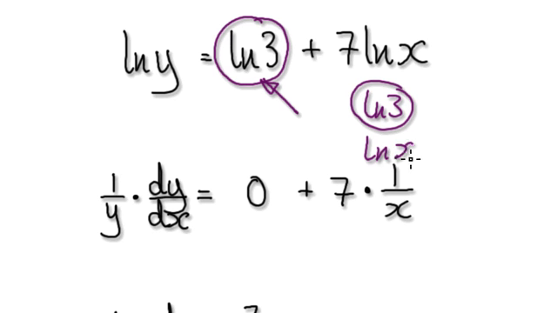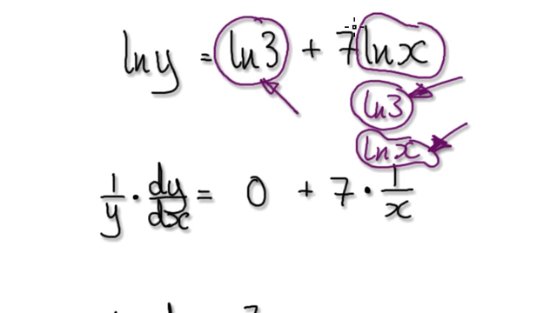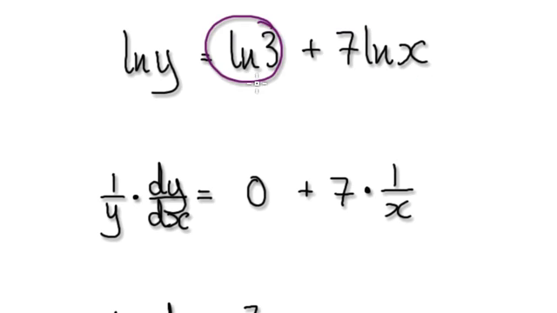If you have log x, then this will not be a constant, whereas this here will be a constant. At the moment you've got this bubble times this bubble. This is not a constant, this here is a constant, so when you differentiate this here, it will give you 0.